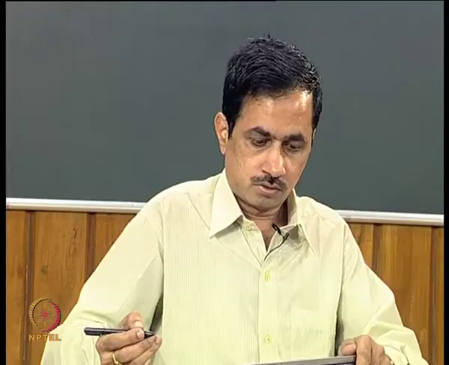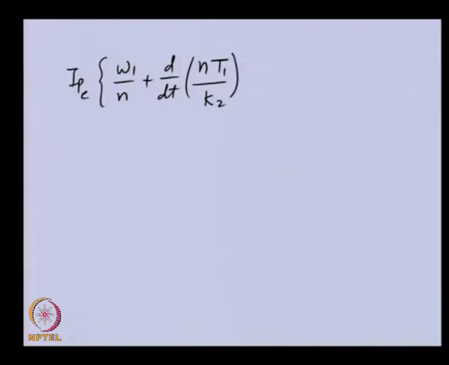Once we substitute these expressions in the kinetic energies of both systems which we equated earlier, we will get omega 1 by n, plus the time derivative of the angular displacement, which we are replacing by the torque divided by the stiffness. This is for the actual system, sorry, this is the actual system.